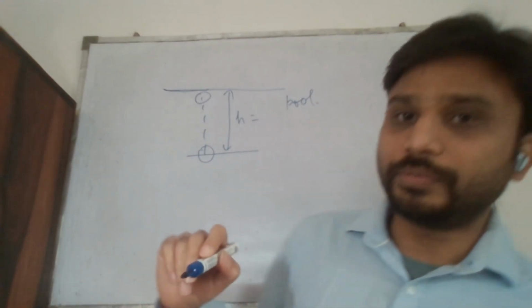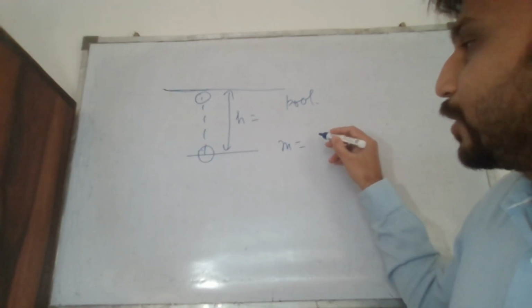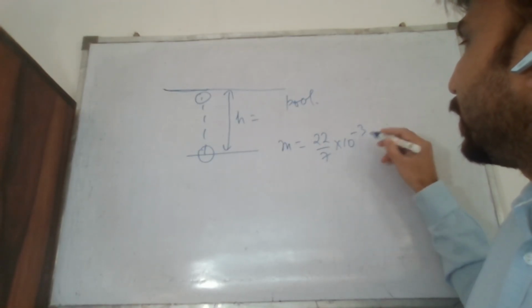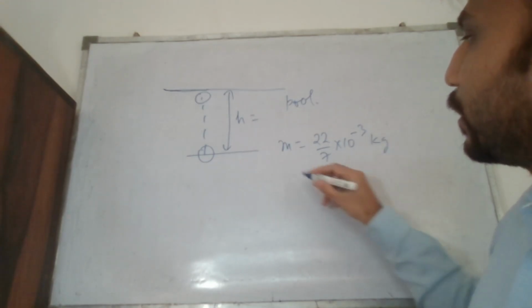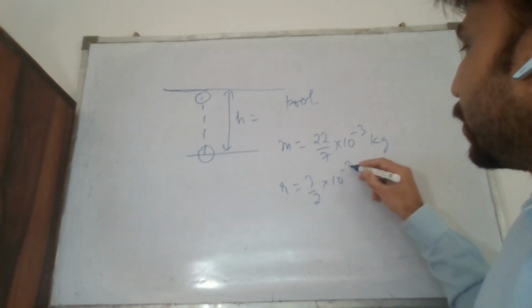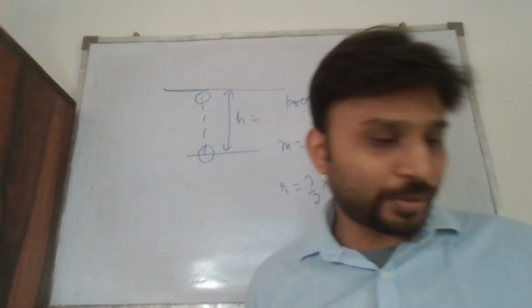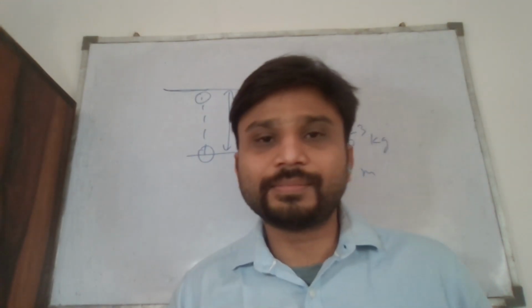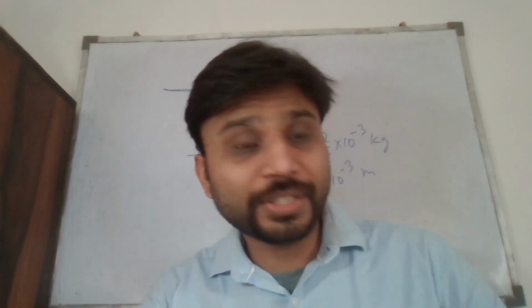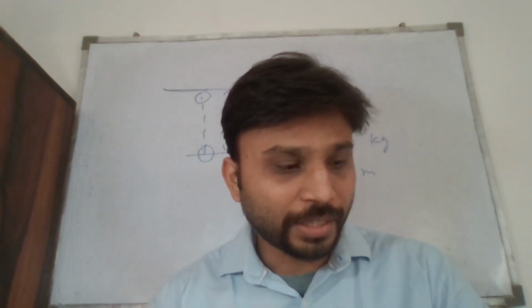We are given that the mass of the ball is 22 by 7 into 10 to the power minus 3 kg, and the radius of the ball is 3 by 2 into 10 to the power minus 3 meters, somewhat like that. Let me tell you the exact question: there's a table tennis ball of radius this much and mass this much.